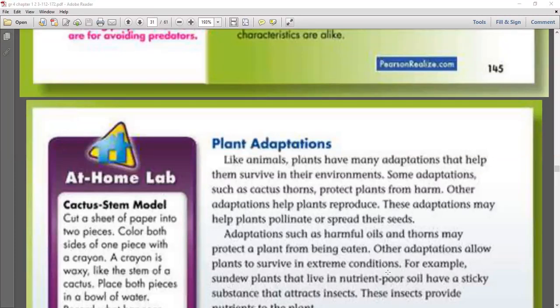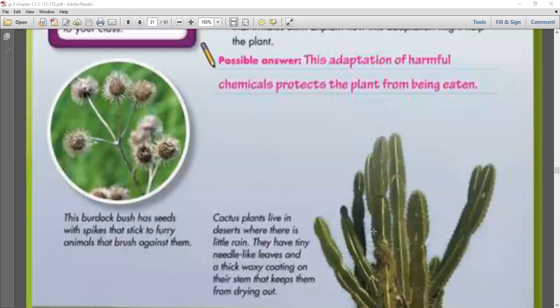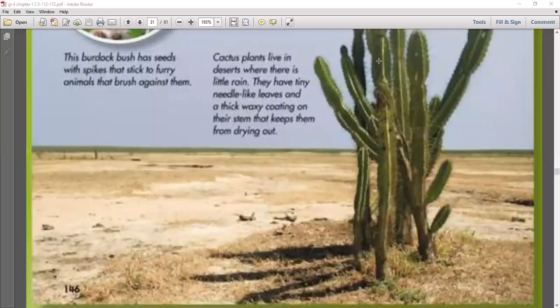We have two examples here on this page. The first one is the cactus plant. Everyone can see this cactus plant here.